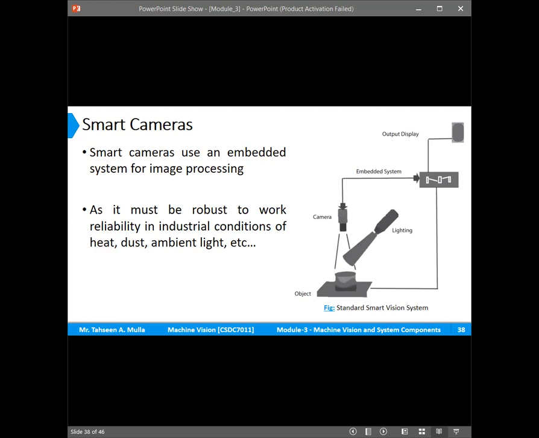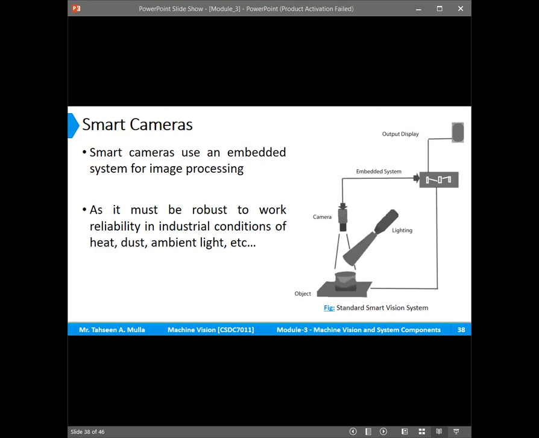So there are different software packages which will help you increase machine vision, right? In smart cameras, we have two different steps of acquiring an image. The first is image acquisition, the way we capture the images, and the second is image processing.